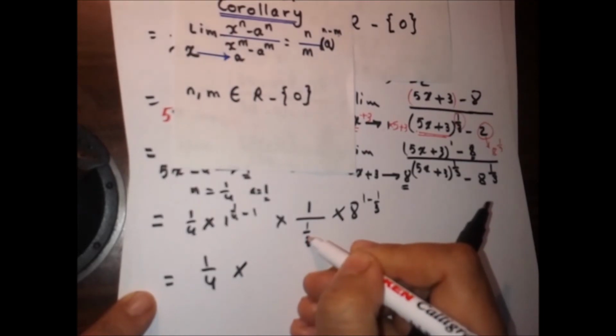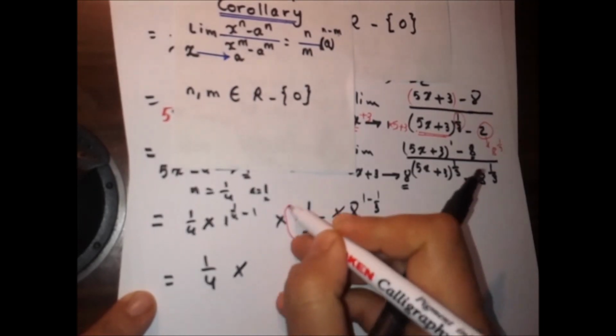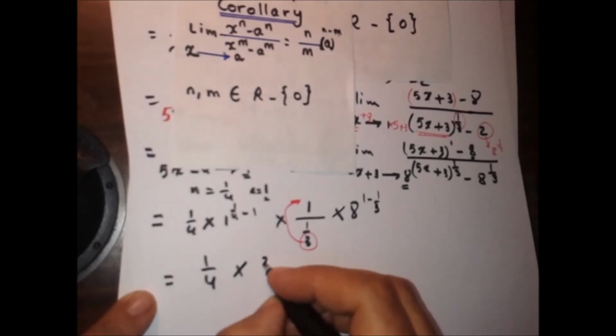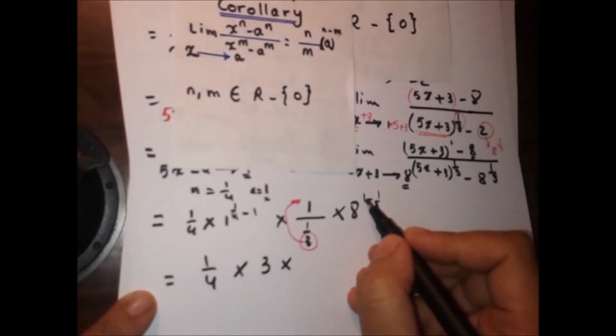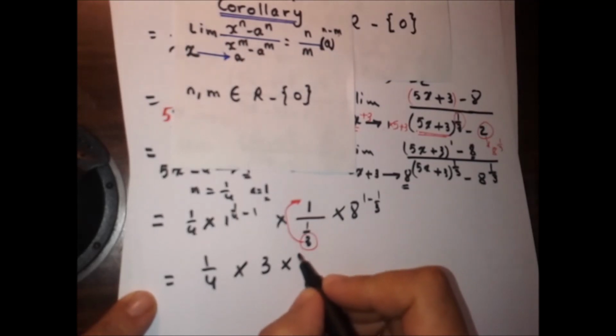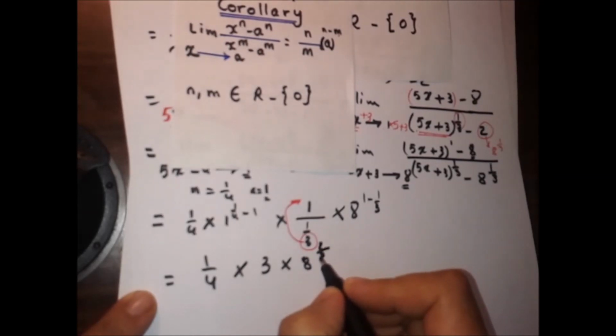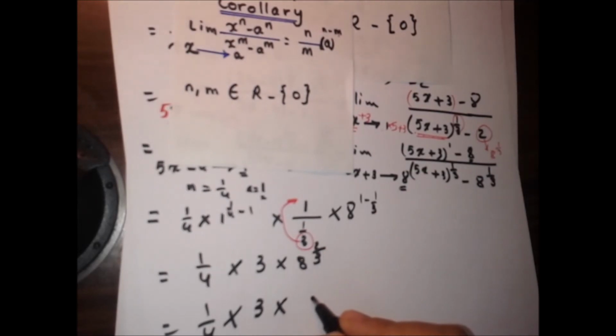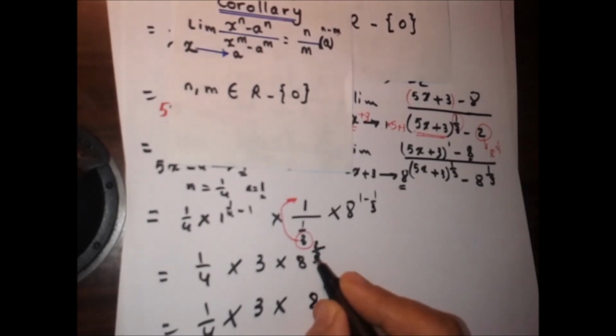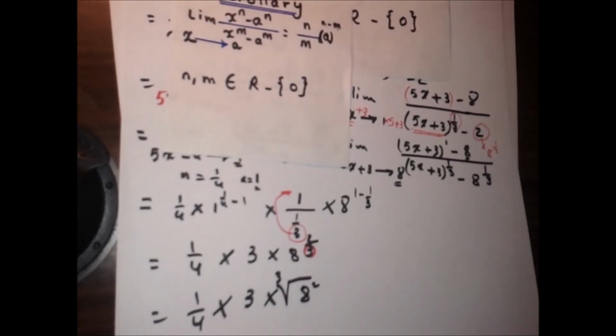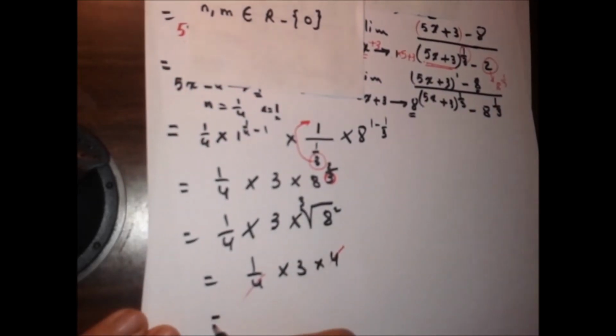Whenever you have a denominator in the denominator, just move it up, so move the 3 up, times a to the power 1 minus 1/3, to be 2/3, so times a to the power 2/3. a to the power 2/3 means the 3 in the denominator of the power means cubic root of 8 squared. So this is equal to 1 over 4 times 3 times the cubic root of 8 squared. Cubic root of 8 is 2 and 2 squared is 4. So 3 times 4. Now cancel the 4 and this is equal to 3.